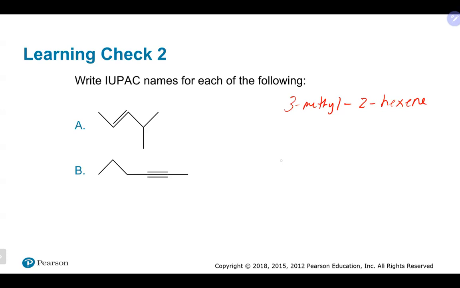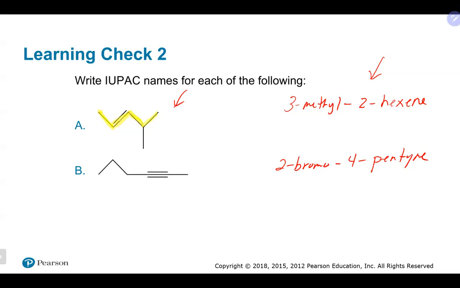I don't know. Let's do 2-bromo 4-pentyne. All right. So why don't we draw these guys and name these guys here?